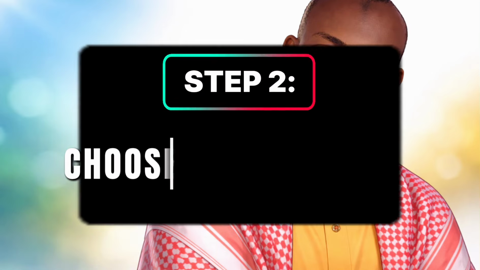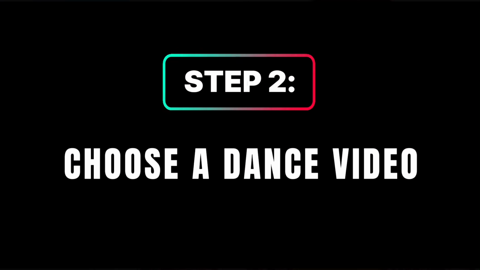Step number 2, choose a dance video. This is where some people get lost totally. You need a dance motion reference in most cases. Although some AI platforms, AI applications, already have their own inbuilt dance reference that you can just choose from. Do you get that? But if there's a particular dance you find, maybe on TikTok, you choose it. So what do you do?